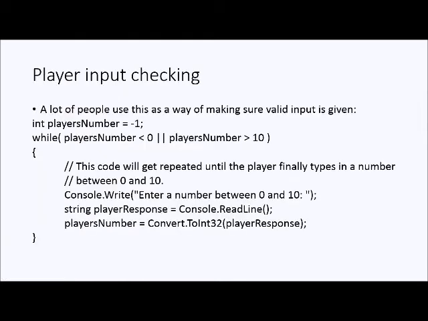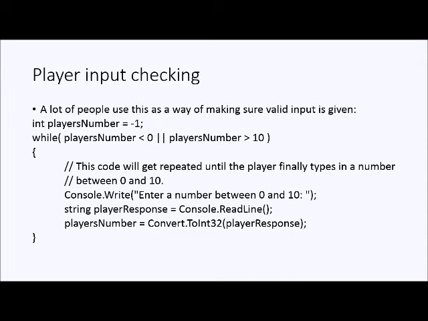A lot of people use it kind of like I showed you there. It's a way of making sure that valid input is given. So for example, if we're looking for a player number, say in a multiplayer game, and we want to make sure that player number is valid, say 0 through 10 is valid, we can say while player number less than 0 or player number greater than 10.